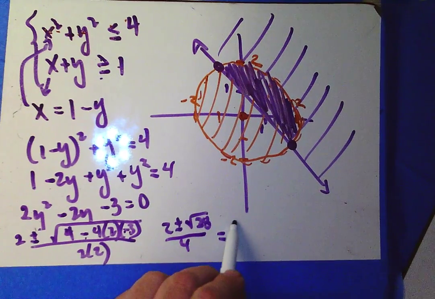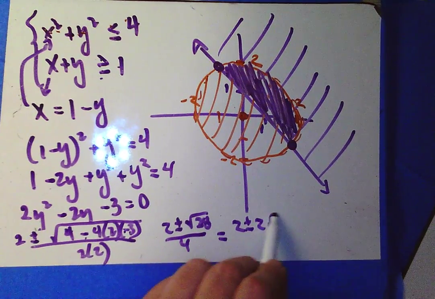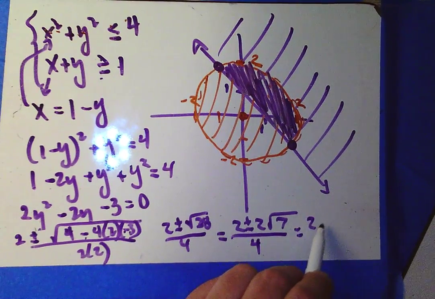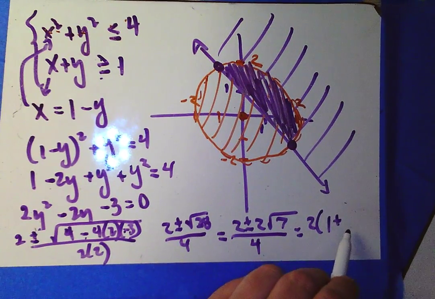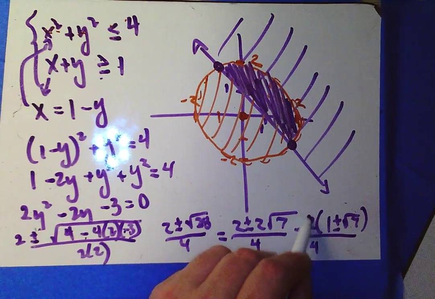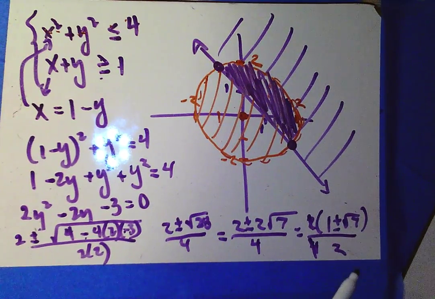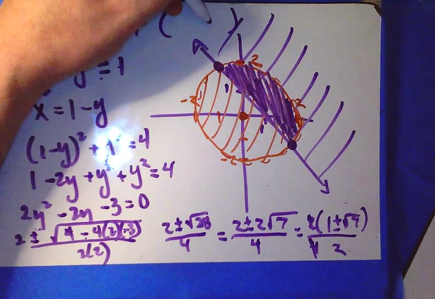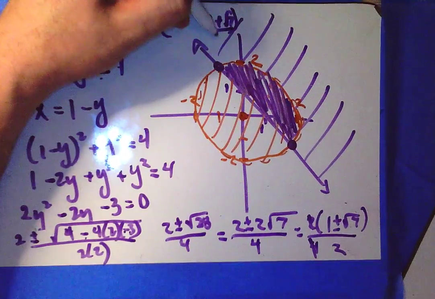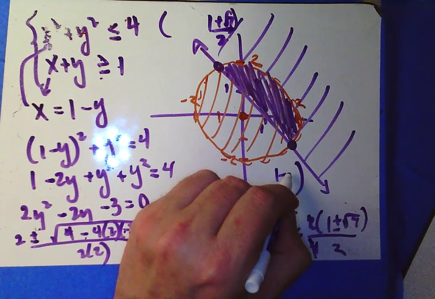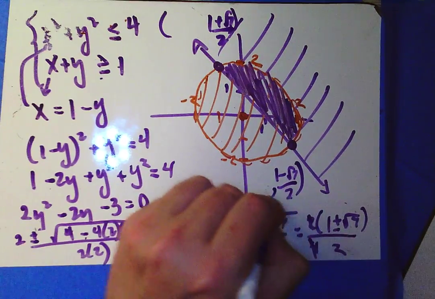We can pull a 2 out of the radical and get 2 square root of 7 over 4. We could factor a 2 out of the top and get 1 plus root 7, 1 minus root 7 over 4, and then cancel. So I'm thinking that this y value up here is 1 plus root 7 over 2, and that this y value down here is 1 minus root 7 over 2.